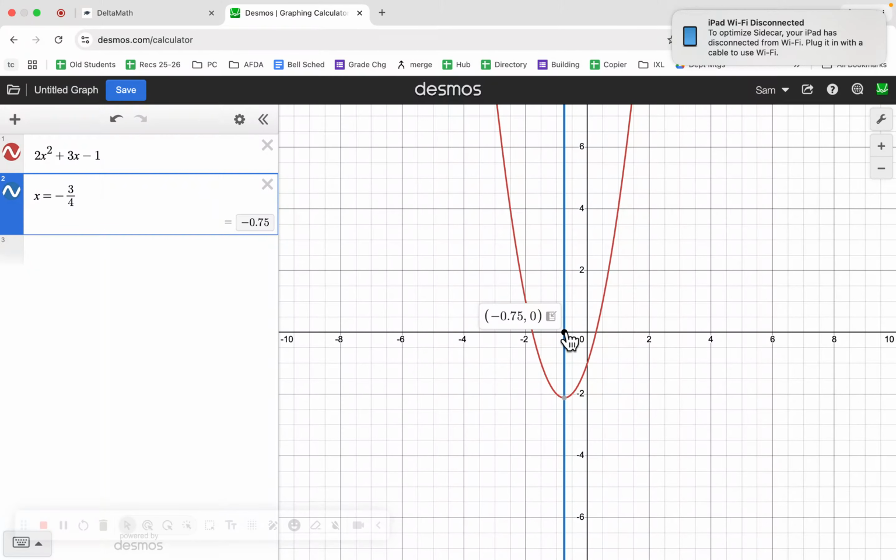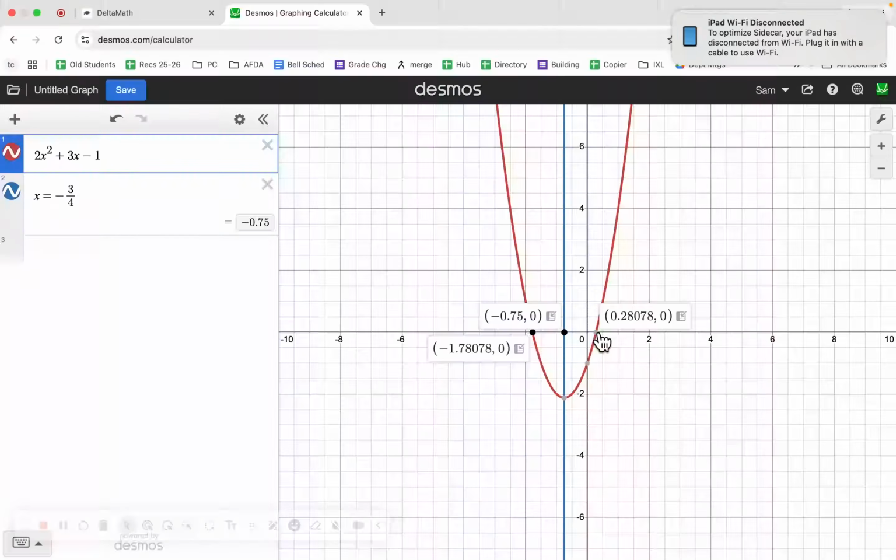This is our negative b over 2a, and it splits down the middle. The quadratic formula says if I go minus something, I'm going to hit this point right here, that strange irrational solution. If I go plus the square root of b squared minus 4ac, I'm going to go to this number, which is a strange irrational number.